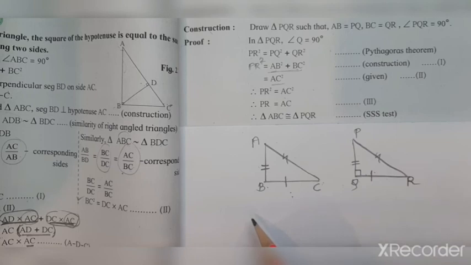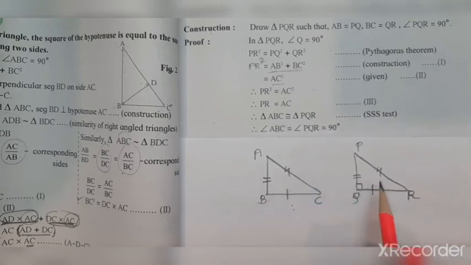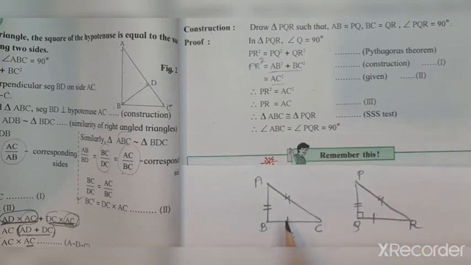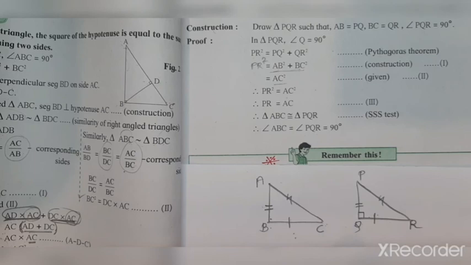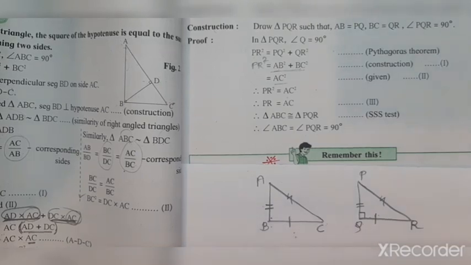Do you remember? Yes. So if the triangles are congruent, we can write angles are also congruent. Angle PQR is equal to ABC. But PQR we have taken 90 degree. So ABC is also 90 degree is proved. That is what was asked to prove. That proves this is a right angle. So we proved it. Okay.